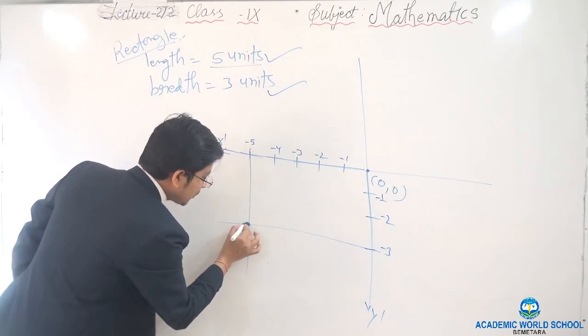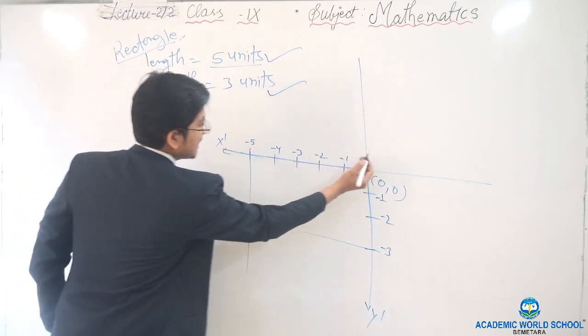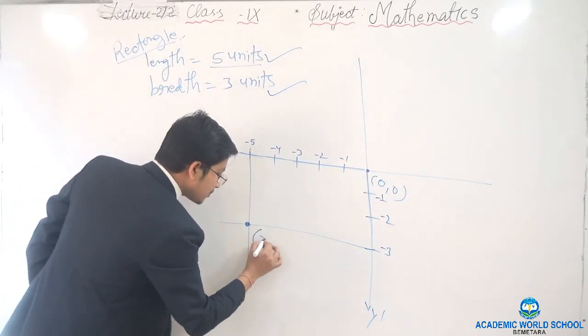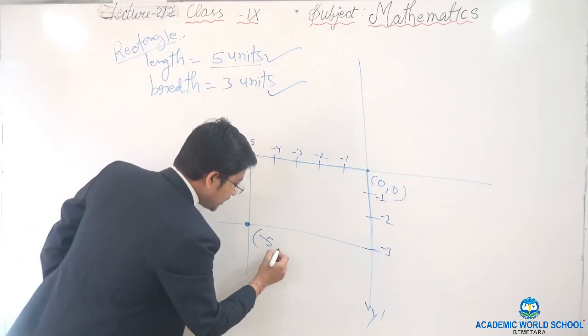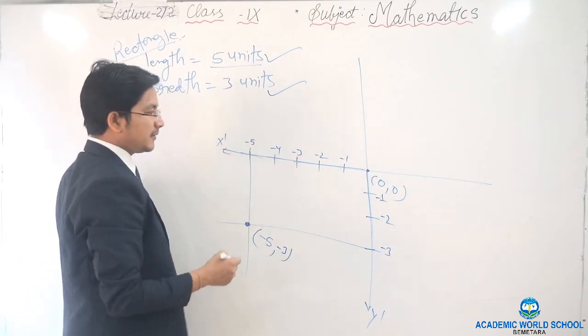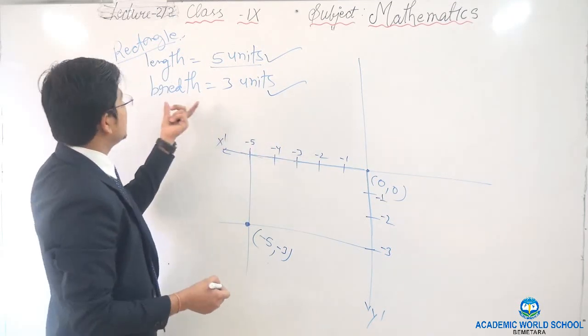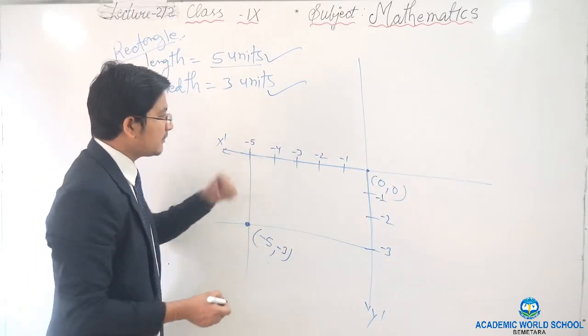Okay. So what will be the coordinate of this point? The coordinate of this point will be, this is -5. We are going to write the x coordinate first. So this is -5, and then we write the y coordinate. So this is -3. So these are the points. We have to write the coordinates of the vertices.